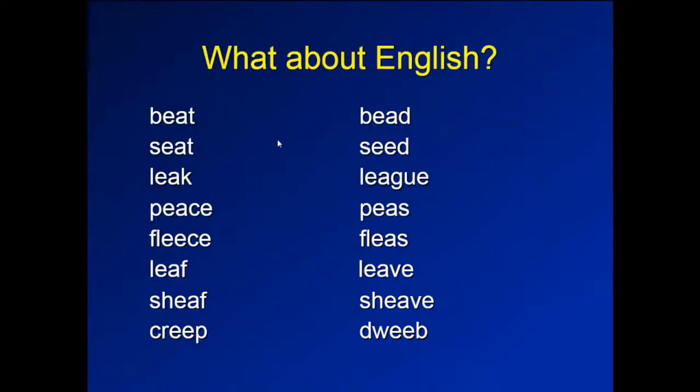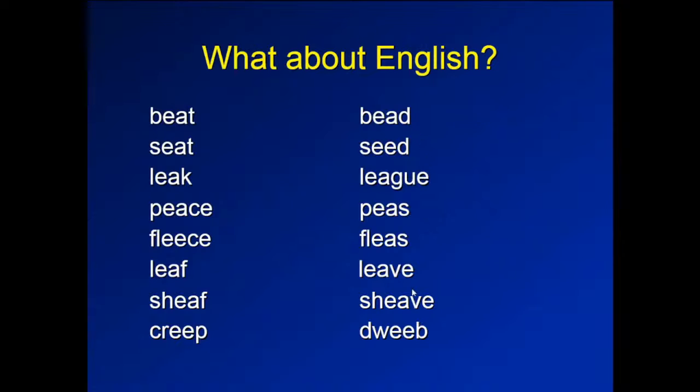Now, what about English? Here we have got a set of words, and we have got another set of words. So we have got beat, bead, seat, seed, leak, league. What do we notice here as the last sound? We have got t, s, f, p. All these are voiceless, and here we have got d, g, z, v, b.